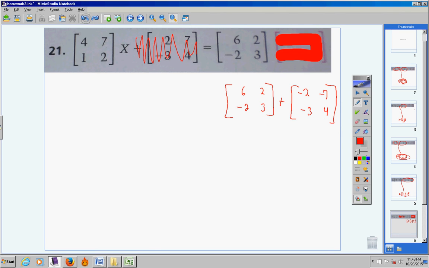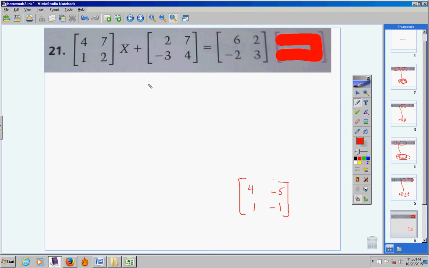Or you can just subtract. For me, I like to make it a plus sign and go through and change all the signs. So what you have is 6 plus negative 2, 2 plus negative 7, negative 2 plus 3, 3 plus negative 4. There. So I brought this matrix over, made it negative, subtracted these two matrices, and I'm left with this right here.